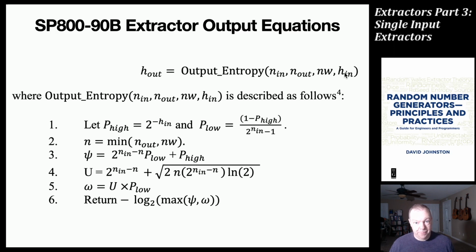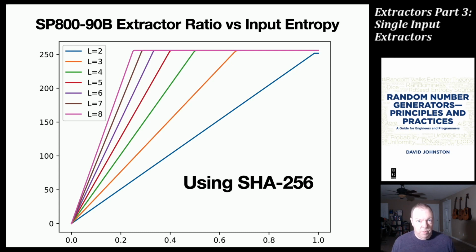So the entropy rate is the entropy in divided by the number of bits in. So you can think of these 2 numbers as defining the entropy rate of the source. And then it defines this function as being this lovely list of equations that you can plug those into a program and see what happens.